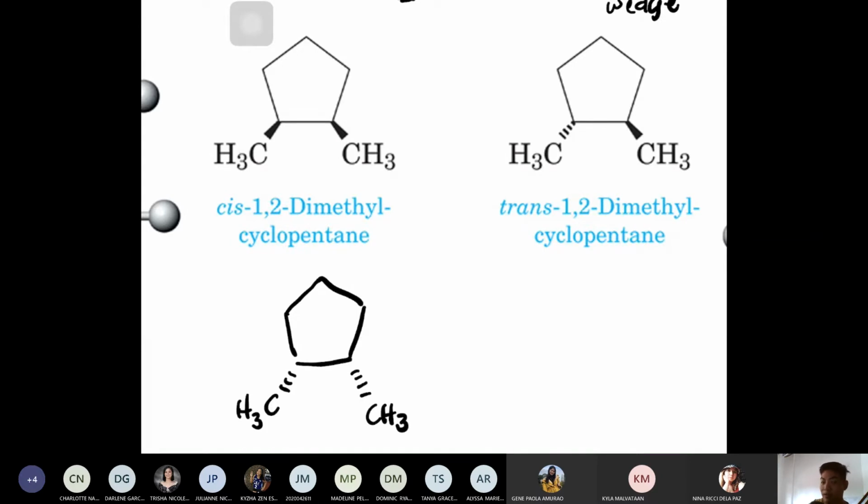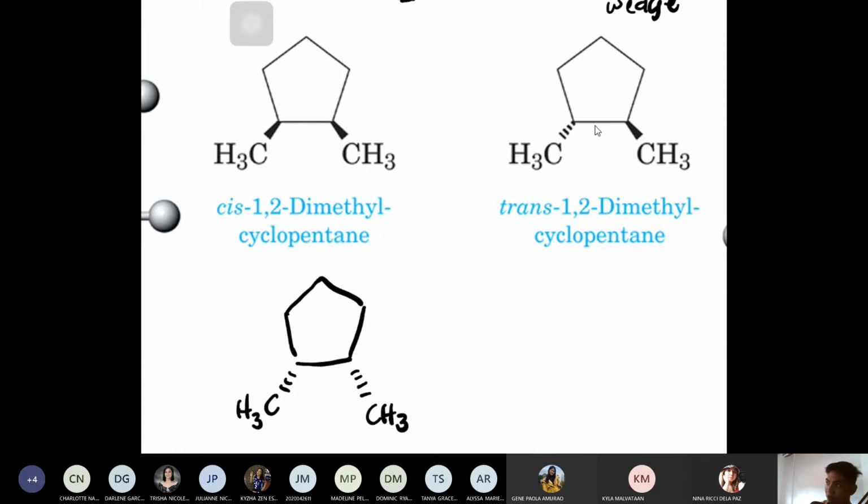Ayaw nila sa'yo, kaya naka-away sila sa'yo, naka-dashed sila. So, ito ay cis isomer pa rin. The only difference is that ito parehas silang pointing towards you, ito naman, parehas silang pointing away from you. However, since they are on the same side pa rin, cis isomer pa rin.